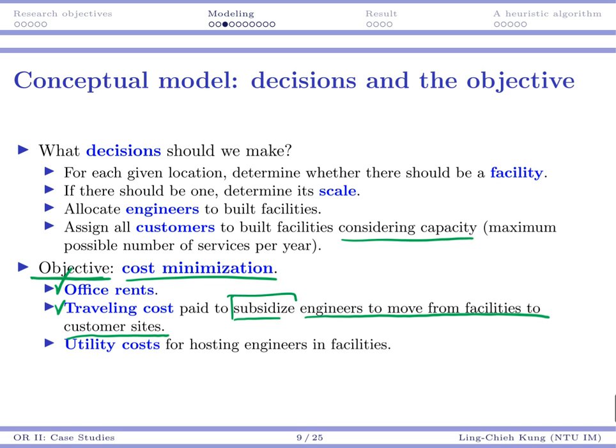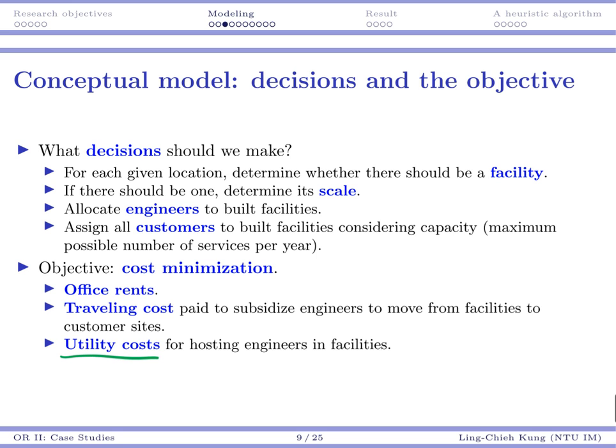And in our problem, the subsidy actually means you need to pay the oils, so pay the fuel, pay the gasoline for your company cars. In some other problems, you may let engineers drive their own cars and you subsidize them. But in an abstract way, we call them subsidies. Okay? So those are the traveling costs that you need to worry about.